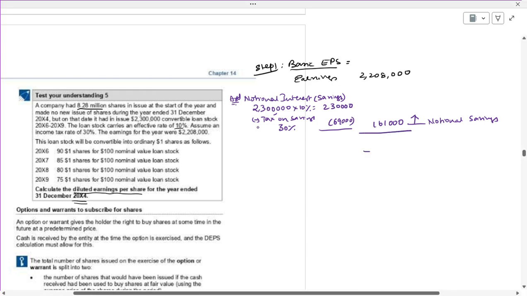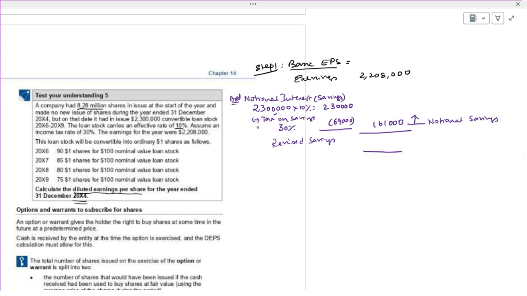The revised earnings are how much? 2,208 plus 161 comes to 2,369.